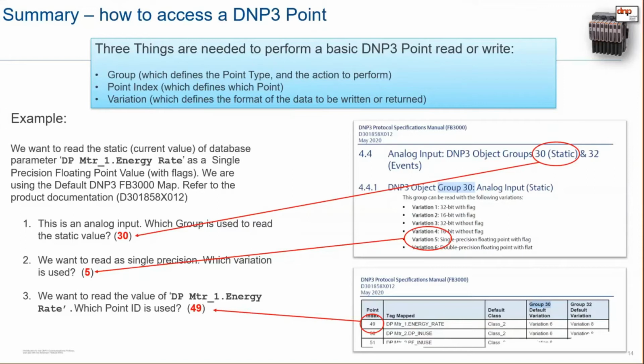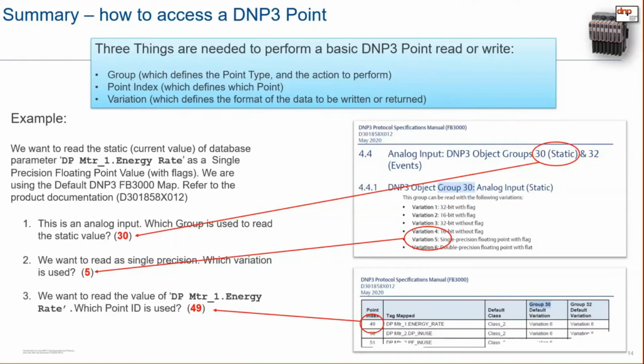And we wanted to read that particular energy rate, so which point ID? And again, that's included in the protocol manual. You'll see it's point 49, the number 49. So the read 30, 5, and 49, those 3 numbers tell us exactly which point to access and what function we're trying to achieve. So it's actually quite simple when you put it together like that.